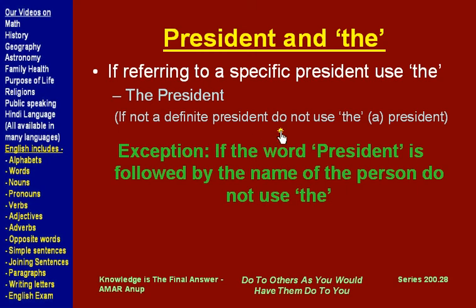If you are using the word president in a general term, like he would like to be a president, we don't know what president, just a president of a company or of a country, then we are using the word in a common form, so we will not use "the" there. We use "the" if we know there is only one of that person and we are talking about a specific person.